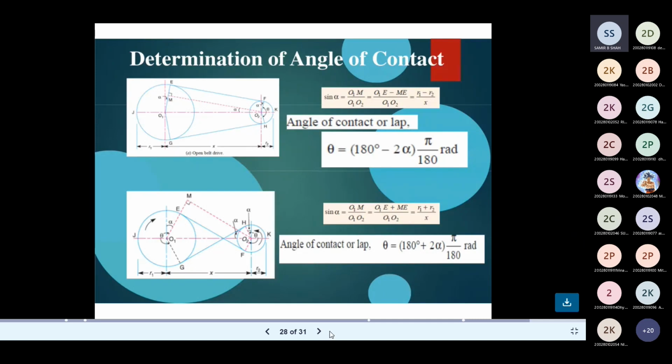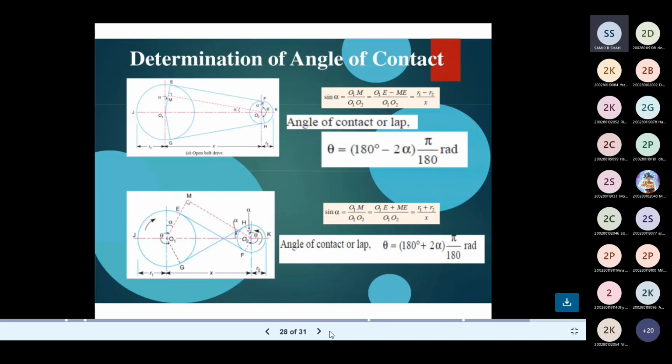Now next is the angle of contact. Here we give you the equations of the angle of contact for open belt drive and for cross belt drive. When the two pulleys are of different diameters, as in an open belt drive, the angle of contact, or angle of lap, at the smaller pulley must be taken into consideration.